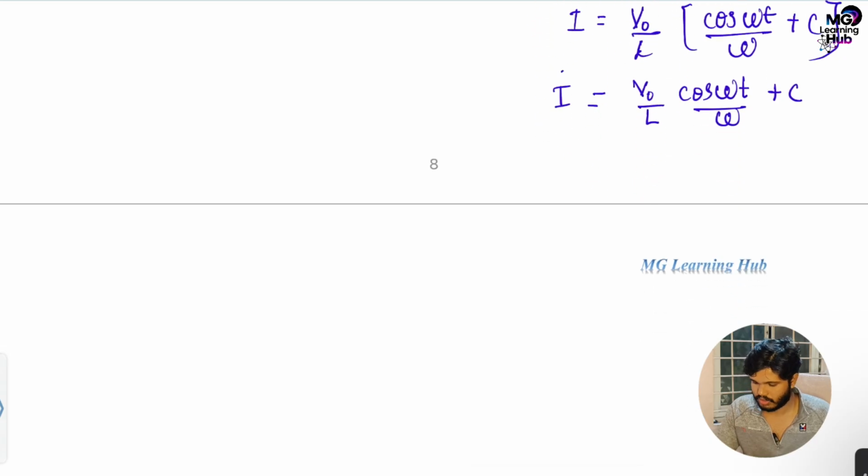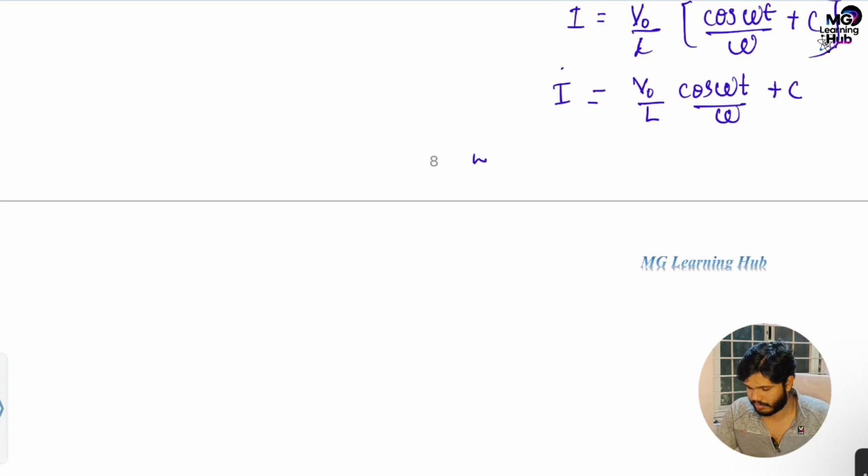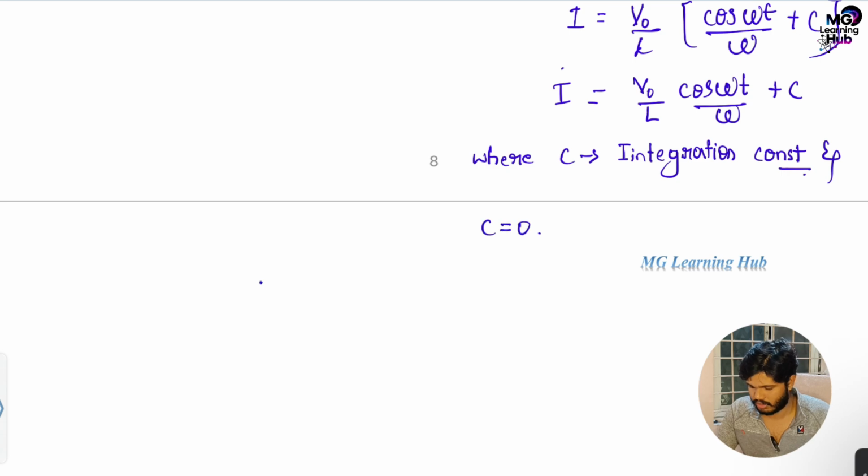This is what we got. So what is this c? Where c is the integration constant, and in this case c is 0. Therefore I will be equal to V naught by L omega cos omega t.